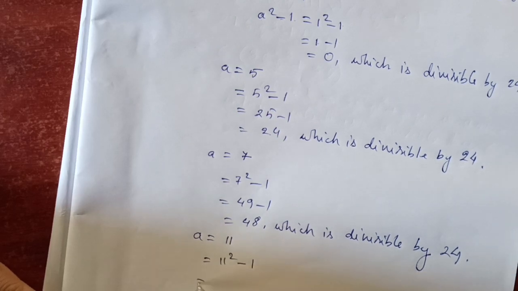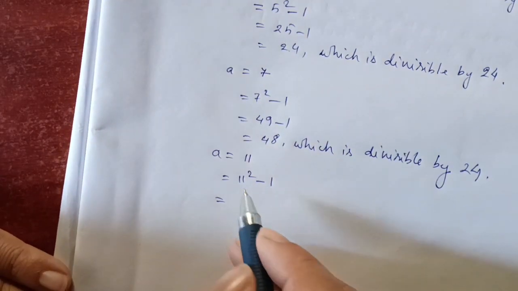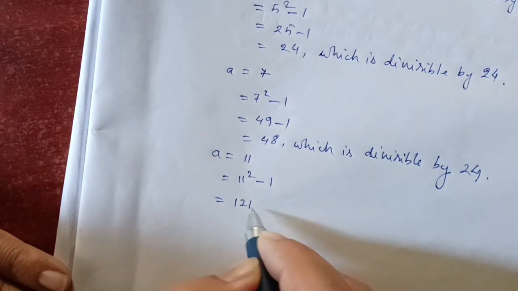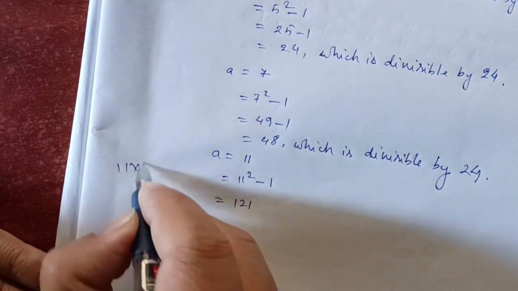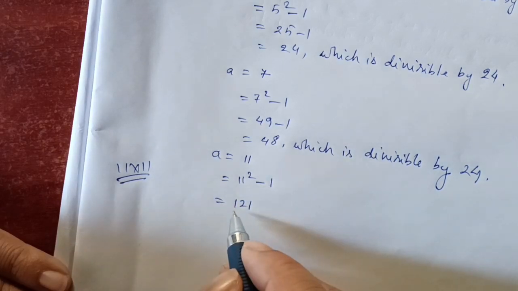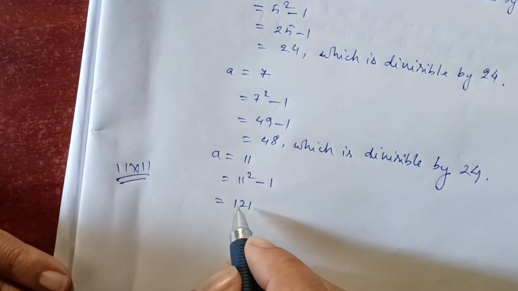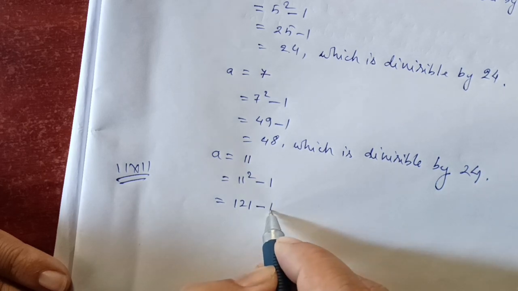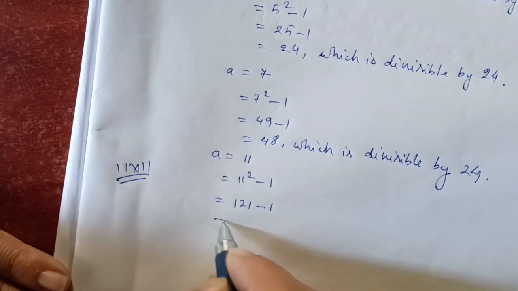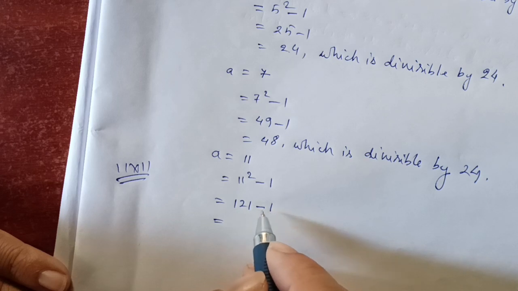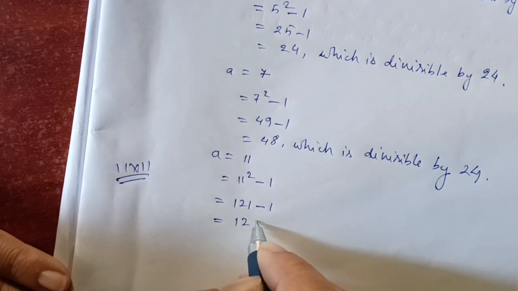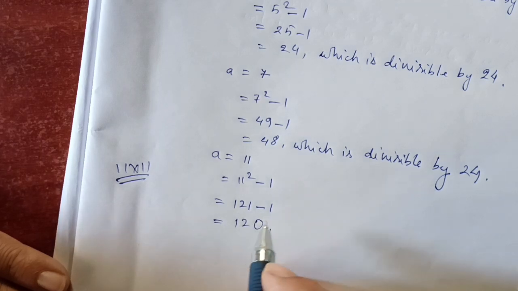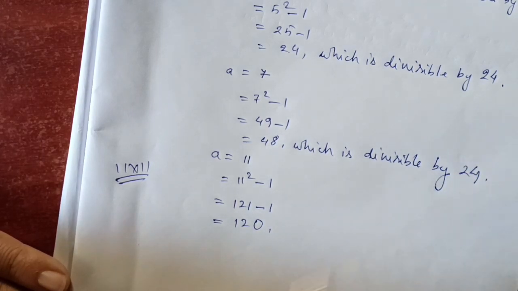You know that 11 square is 121, right? 11 square means 11 into 11. You find it out, the answer will be 121. So 11 square is 121 minus 1, right? Then 121 minus 1, it should be 120. So 120 also, it will be able to divide by 24.